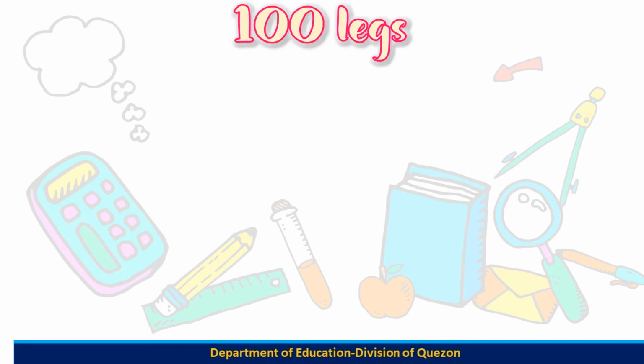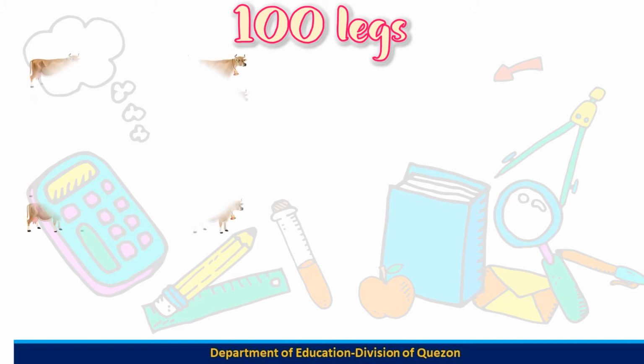There are 100 legs given in the problem, and there are only 30 animals. The question is, how many ducks and how many cows are in the farm? On my own, I use pictures to know the answer.